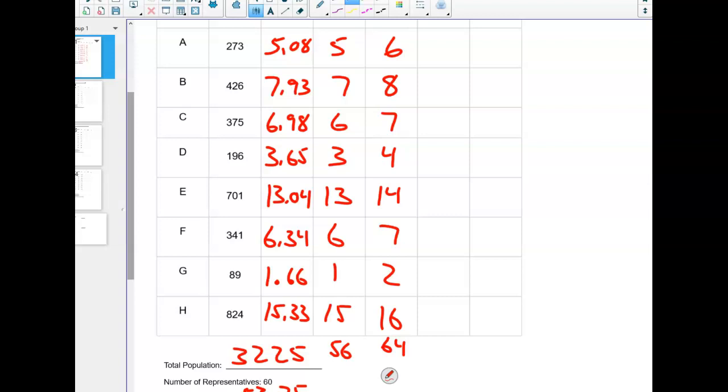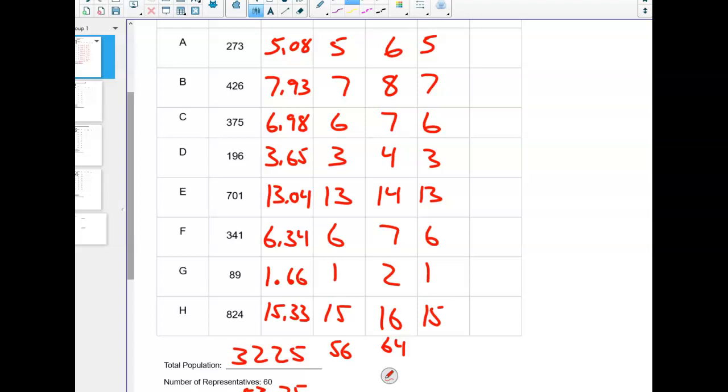For my initial apportionment, I literally copy down the lower quota. And now I'm determining which are the numbers that are highest after the decimal point. How many do I need? I take my lower quota total, it's 56. I take the total of reps I have, which is 60.